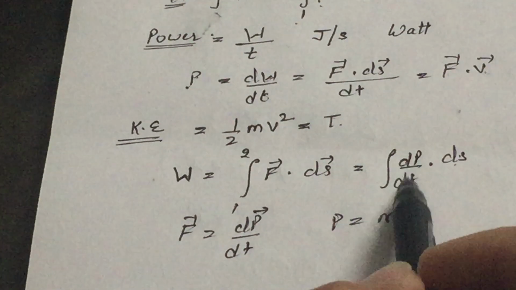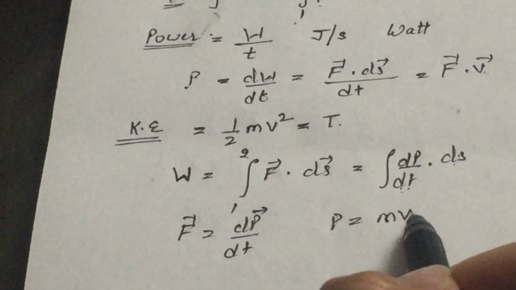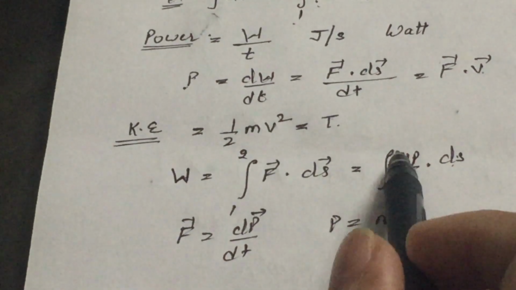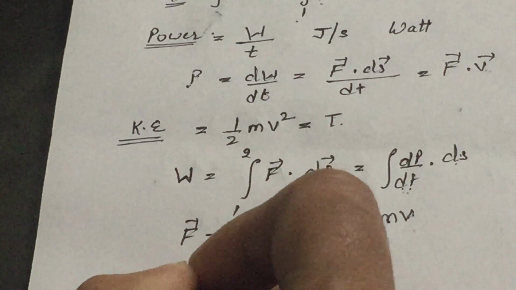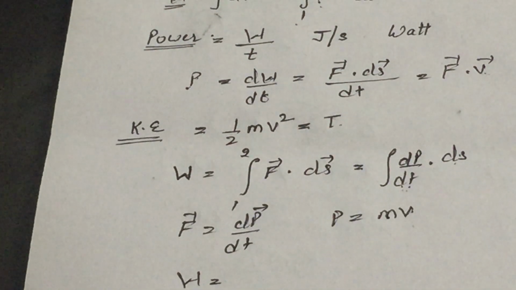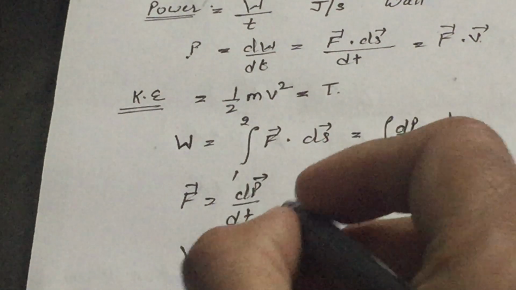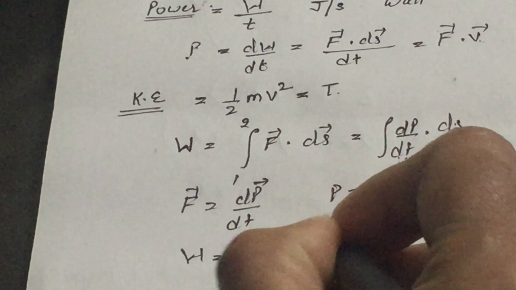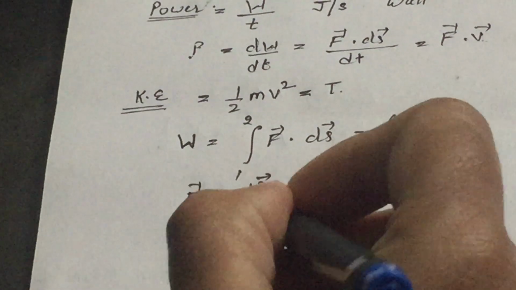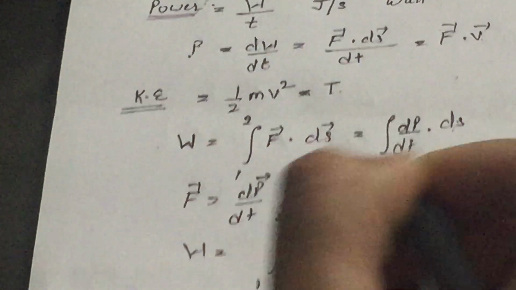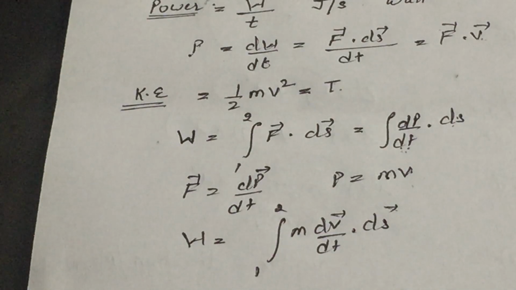It means the differentiation will come to the velocity, and we will get dv upon dt. Substituting the value of momentum in terms of mass and velocity, you will have m dv upon dt dot ds from the initial point to the final position 2.